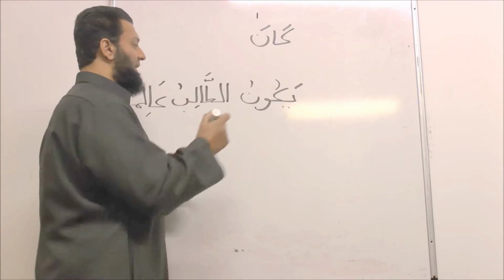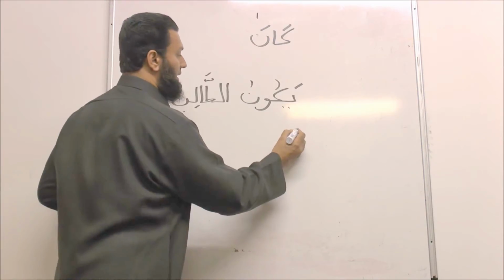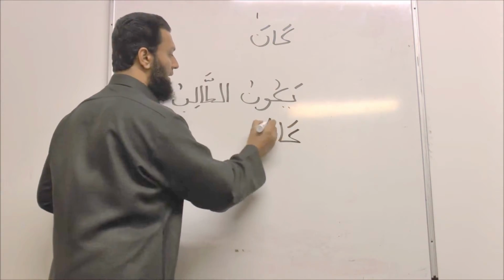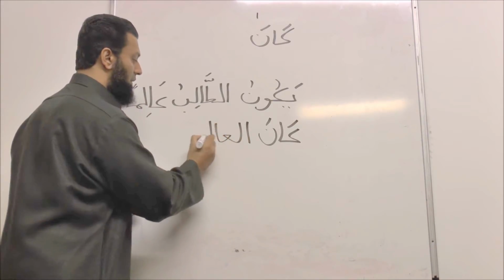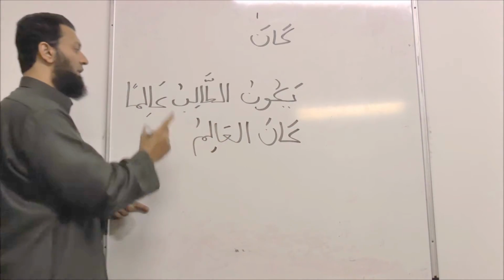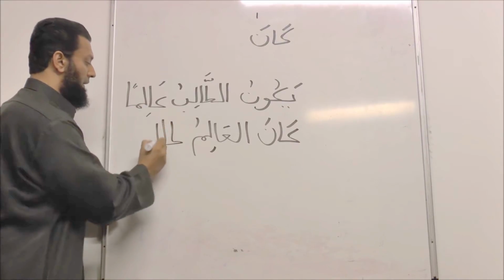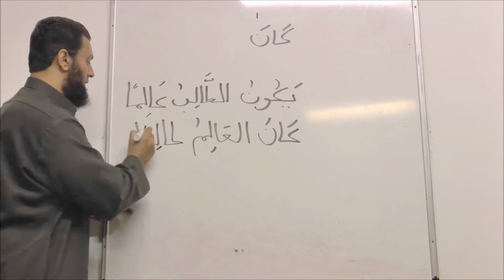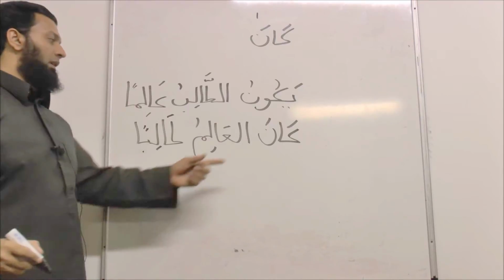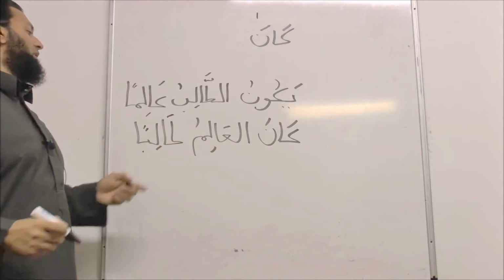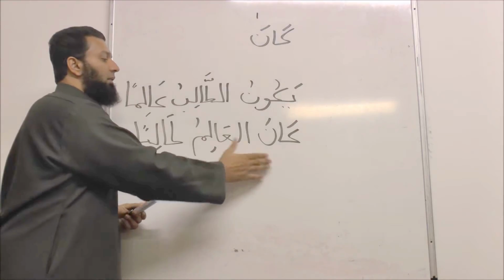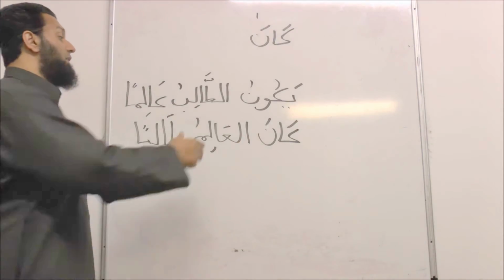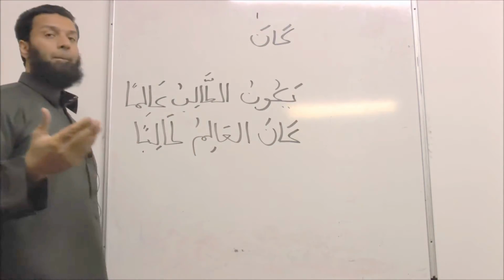Because remember, the example that we used with Kaana was Kaana al-alimu taliban, which means the scholar was a student, right?